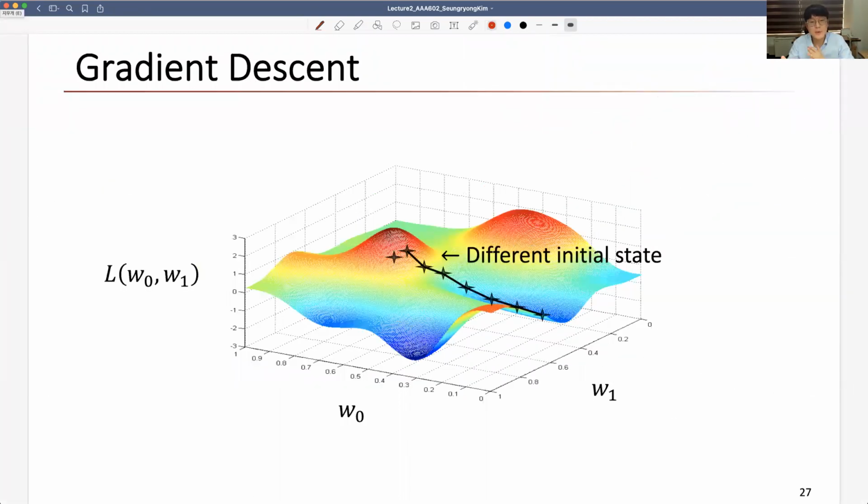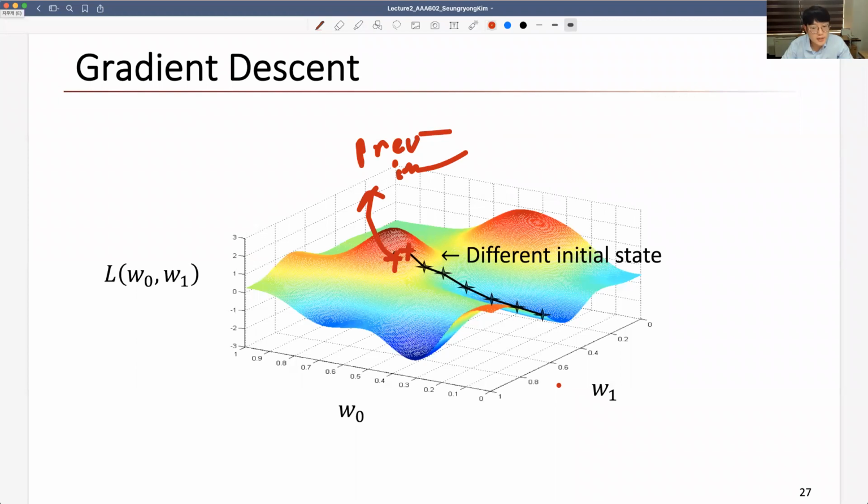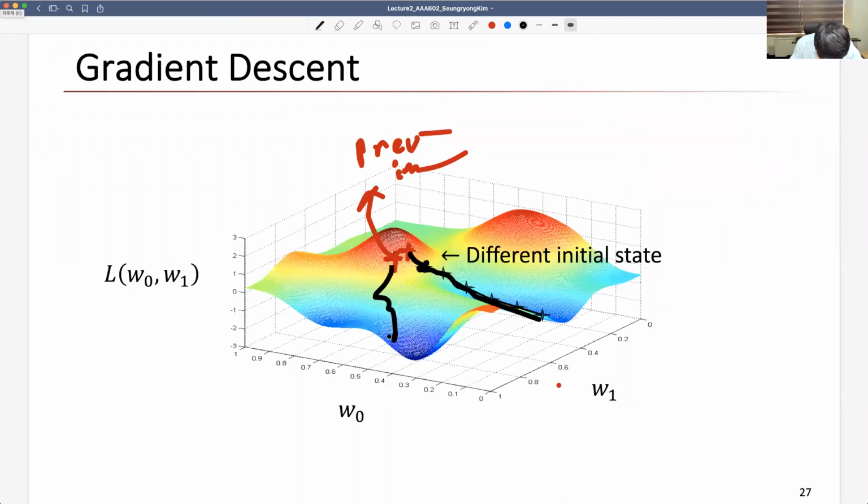So let's think about a different example. Let's say we start from here instead of this one. This one is the previous initial state, in the previous page. Then if we start from a different initial state, the optimization path will look like this, compared to the previous path.